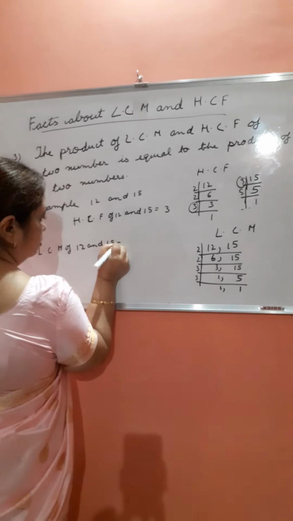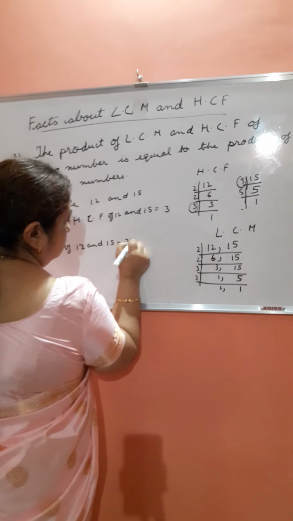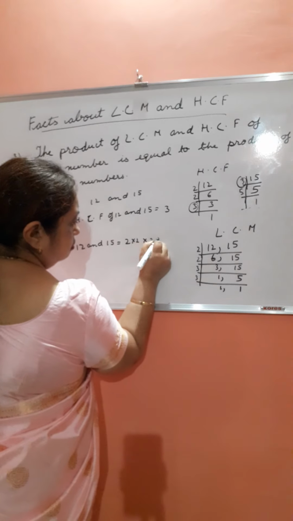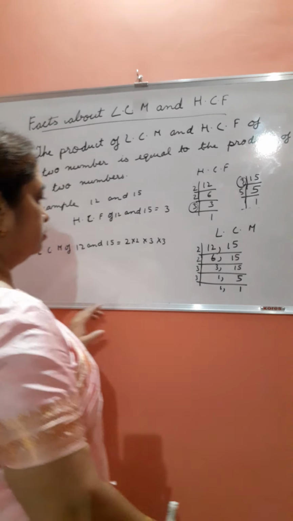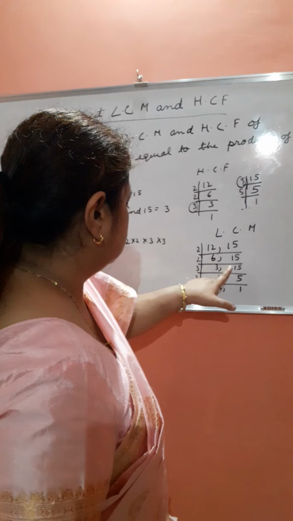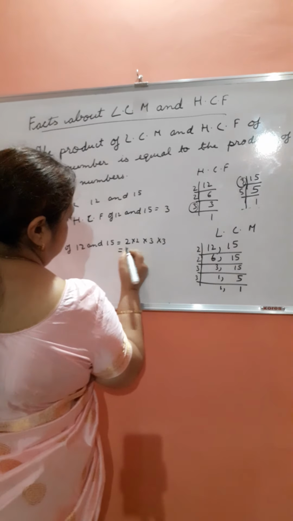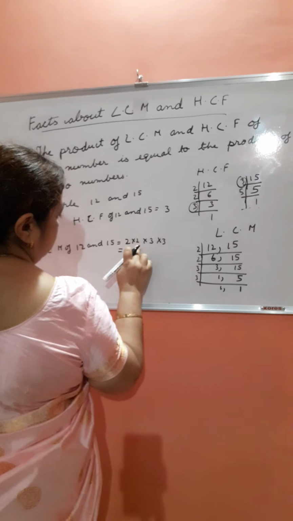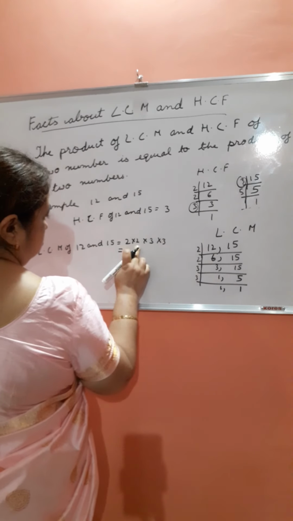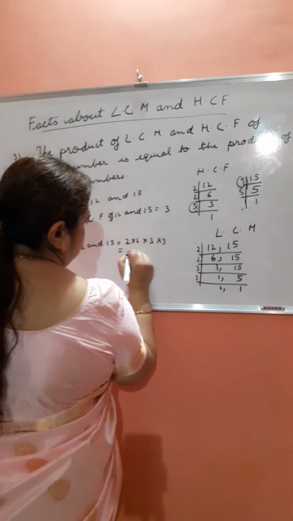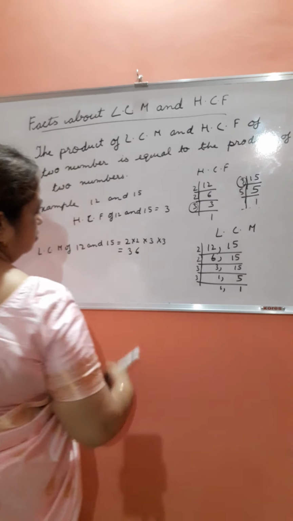So LCM of 12 and 15 will be 2 into 2 into 3 into 3. Okay, and how much will it be? 3, 3, 9, 9 to 18, 18 to how much? 36.